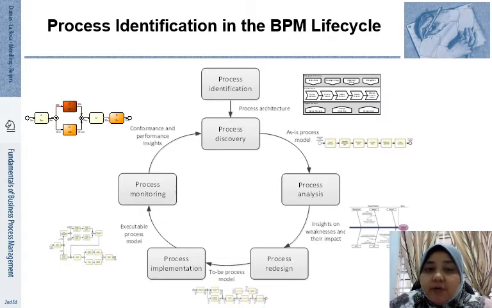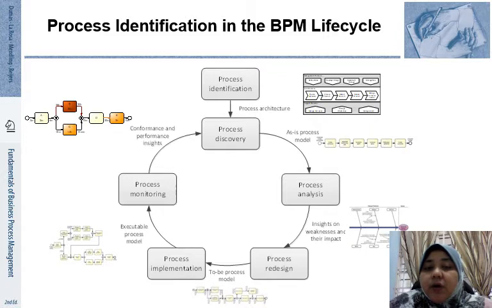It starts with process identification, then process discovery, process analysis, process redesign, process implementation, and process monitoring. And it is a cycle process, until our product or our system is matured or effective.